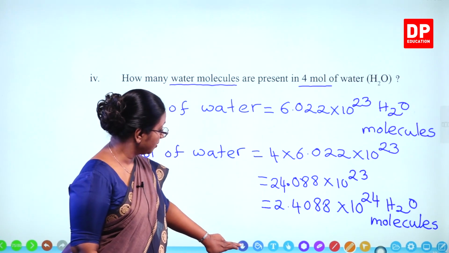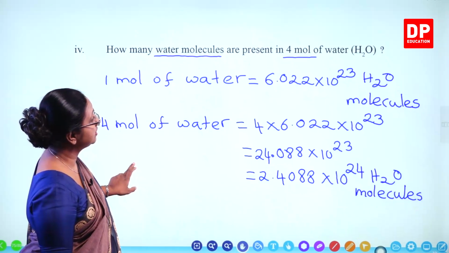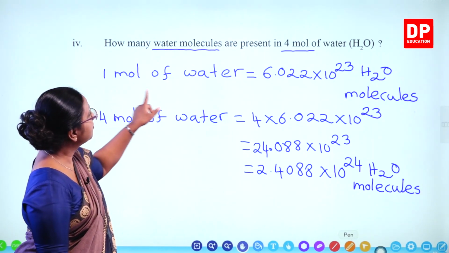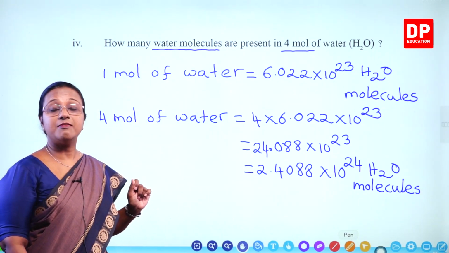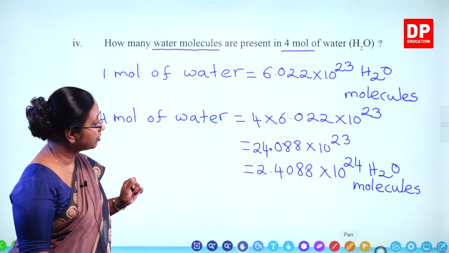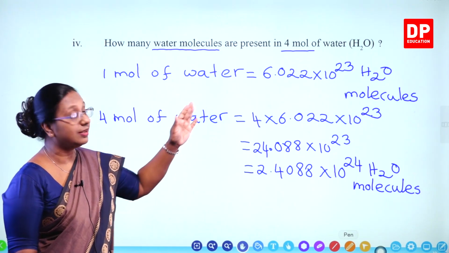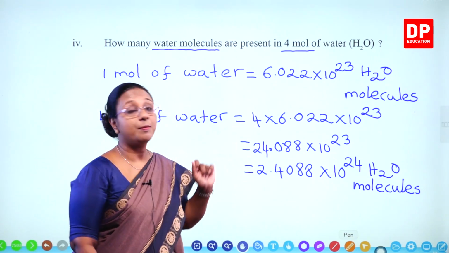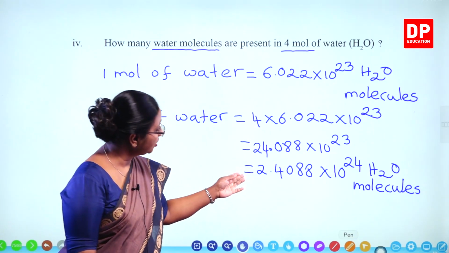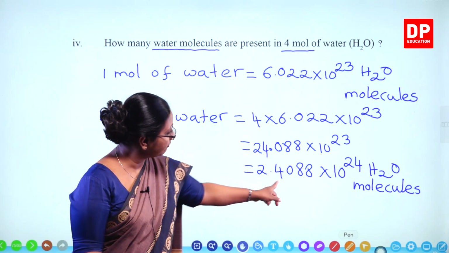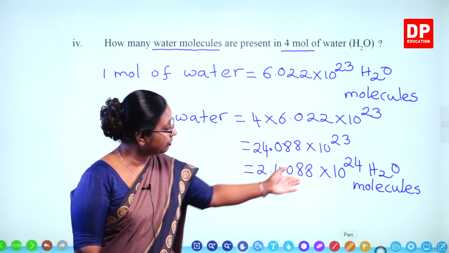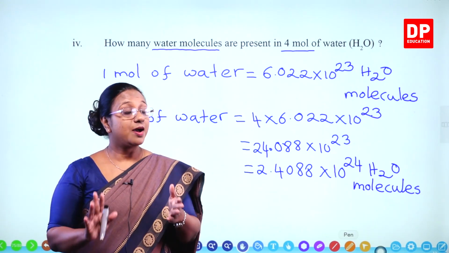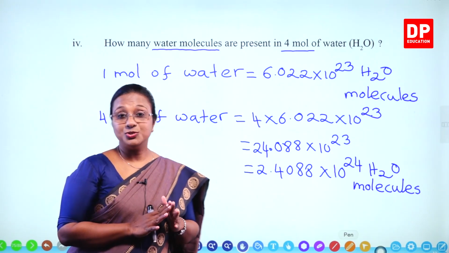How many water molecules are present in 4 moles of water? In 1 mole of water, there is Avogadro constant 6.022 into 10 to the power of 23 water molecules. So in 4 moles, you have to multiply by 4. Then you will get the answer as 2.4088 into 10 to the power of 24 water molecules. I am sure you were able to do that.